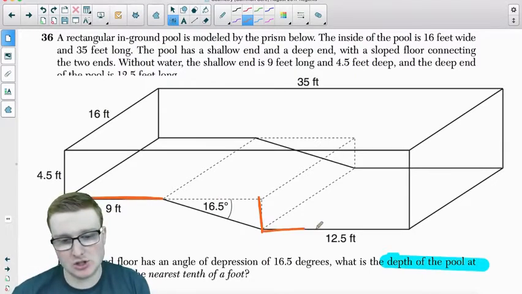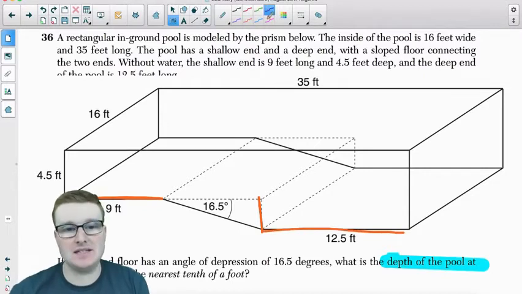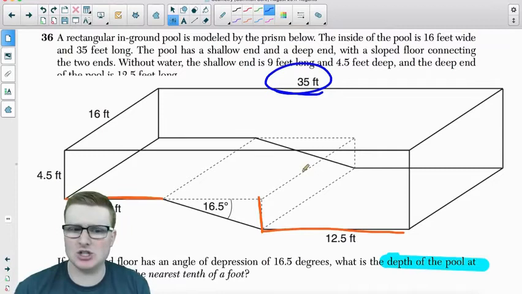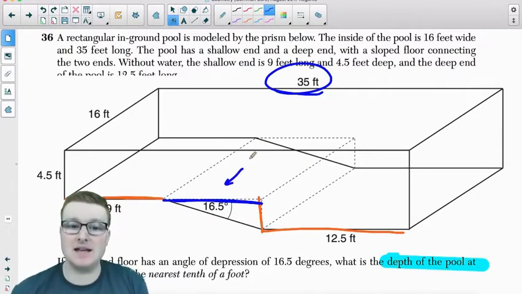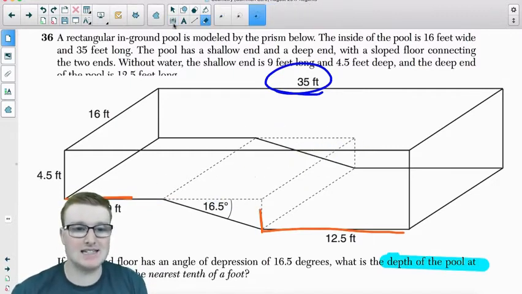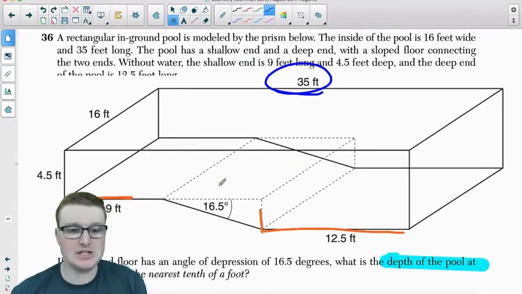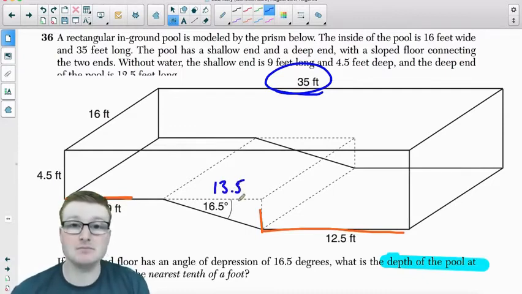They tell you that this is 12.5 feet. They tell you that the whole length is 35 feet up here. You see how mean this question is? You need to get this length, the blue line right there, by taking 35, subtracting 9, and subtracting 12.5 feet. So this line right over here has a length of 13.5 feet.